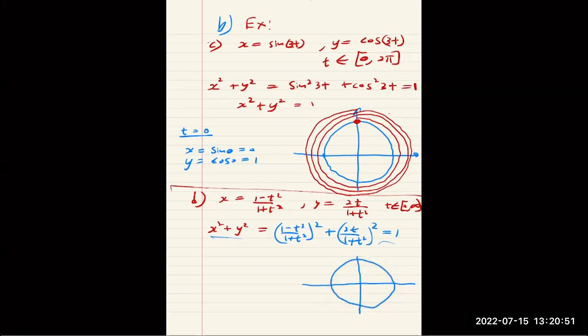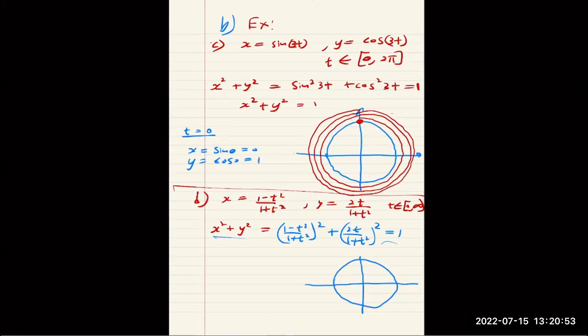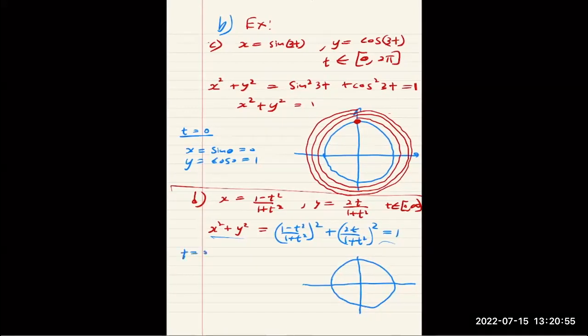Notice that when t is equal to 0, that's the starting point, t is between 0 and infinity. When t is equal to 0, what is the point? If you plug in t equal to 0, you get x equal to 1, y equal to 0. So the point is 1 comma 0. This is the starting point.